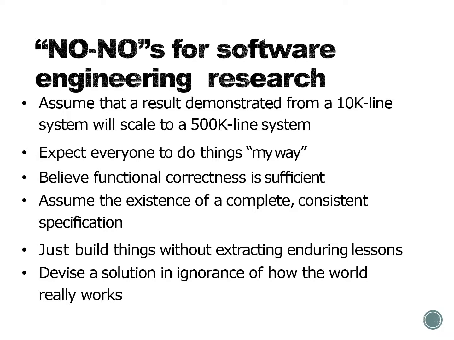Even if functional correctness is a really important quality attribute, it's not a sufficient quality attribute. You need to also focus on things like updatability, maintainability, how well it's optimized, for example, and other things. Functional correctness is not the only measurement.